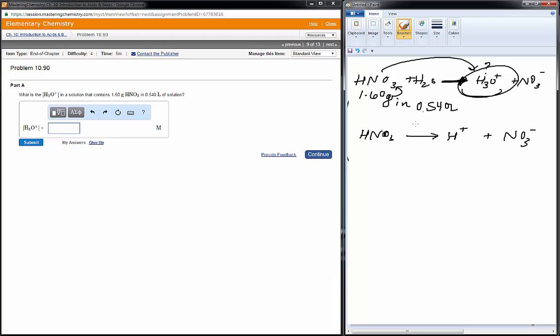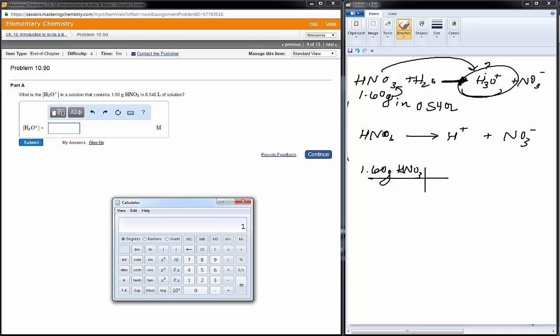So once I've got moles and liters, I can just put those units where I want them and calculate the answer. So 1.60 grams of HNO3. If you consult your periodic table, you can find the molar mass, which is going to be 1 hydrogen plus a nitrogen plus 3 oxygens, and that's going to give me 63 grams in a mole.